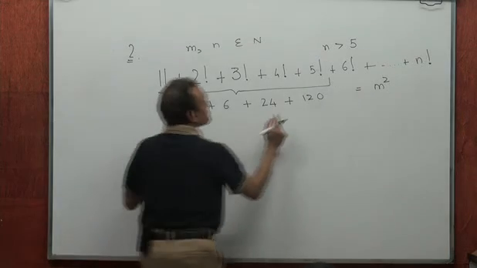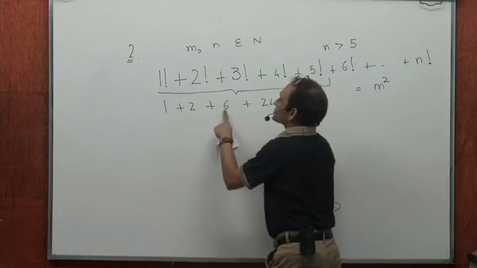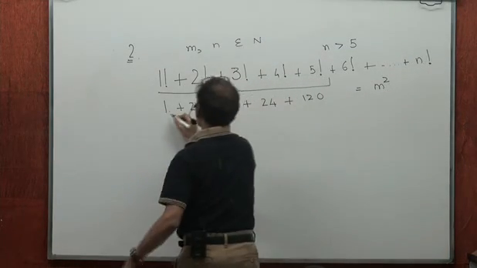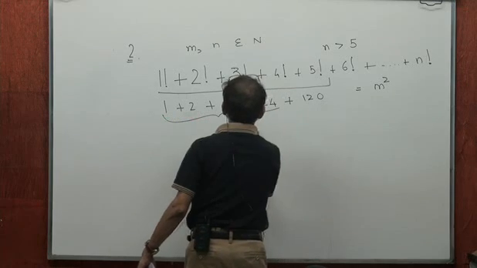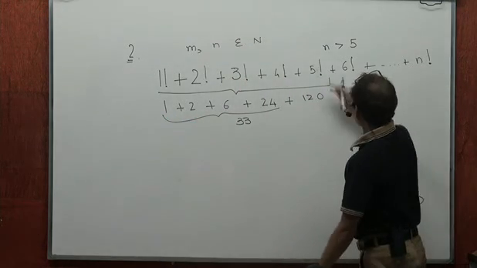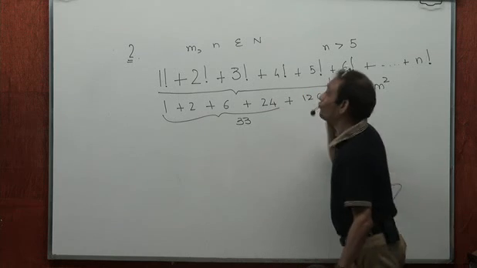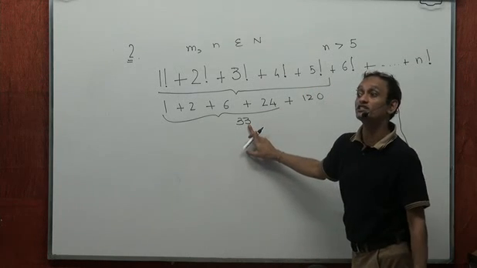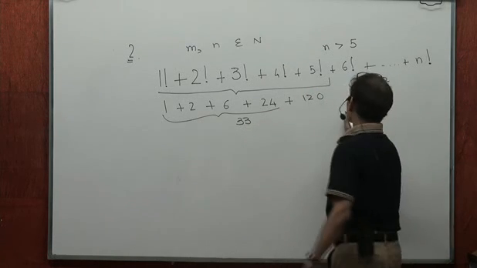See, terms before 120, this is 30 and 3, 33. This is 33. Yes or no? Now, up to 4 factorial, what's the units digit? 3.